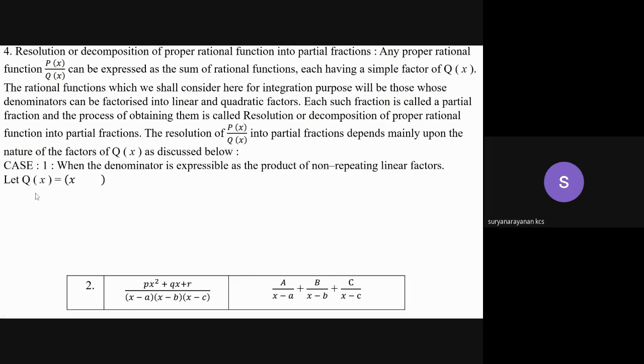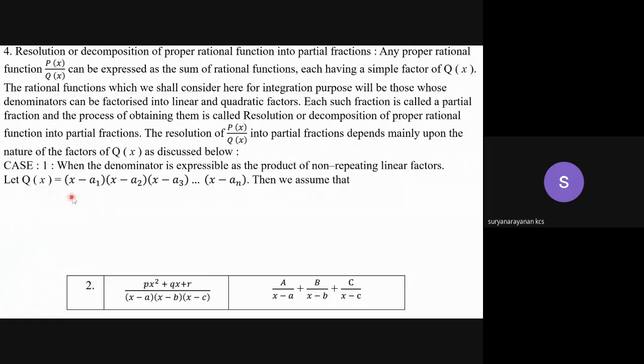Let Q of x be equal to (x minus a1) into (x minus a2) into (x minus a3) and so on, (x minus an). Here I told you previously Q of x means denominator.